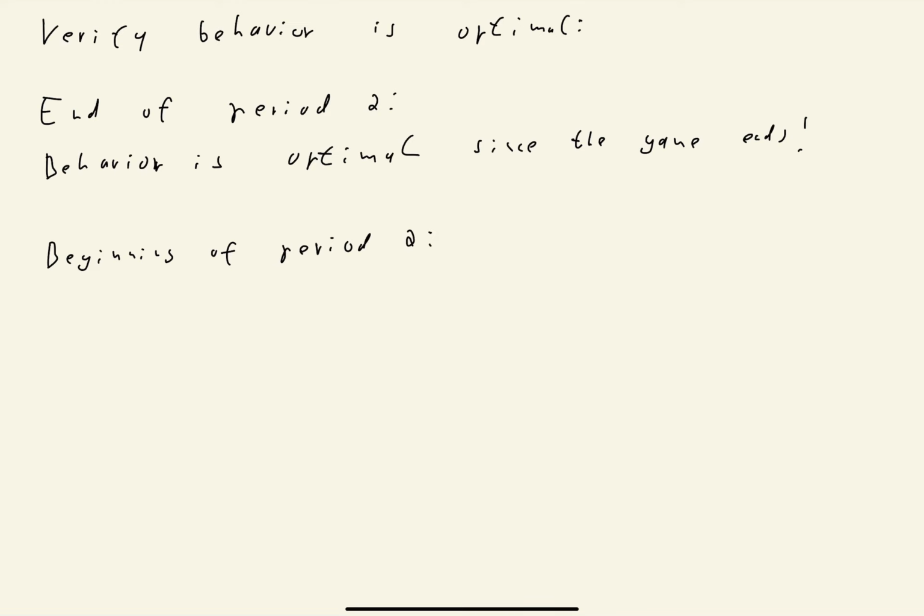Now, given the strategy of the incumbent in the first period, the voter has the following beliefs about the type of the incumbent, depending on his chosen policy in the first period.